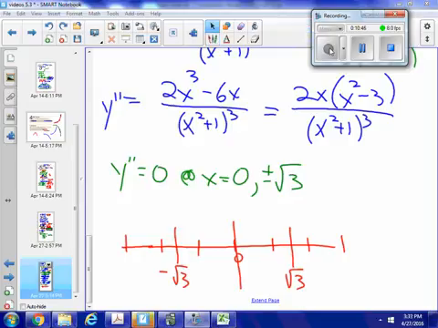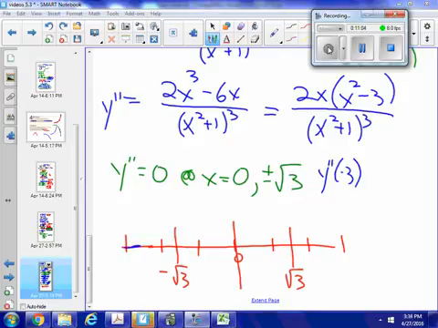So let's test. Let's get a different color. Let's test y double prime of -3. That's a number over here in my far left interval.